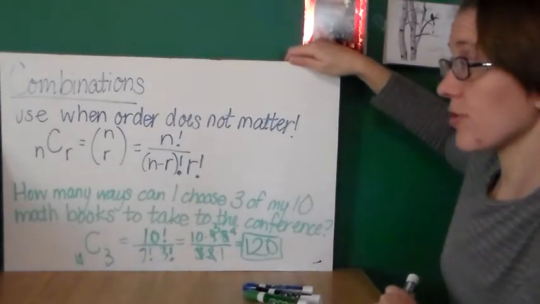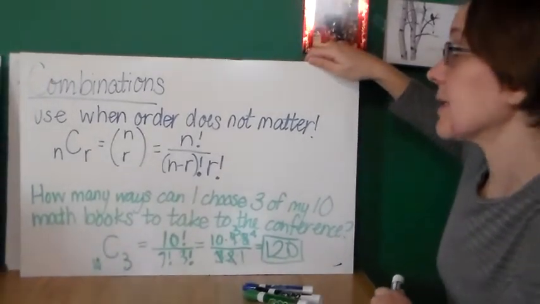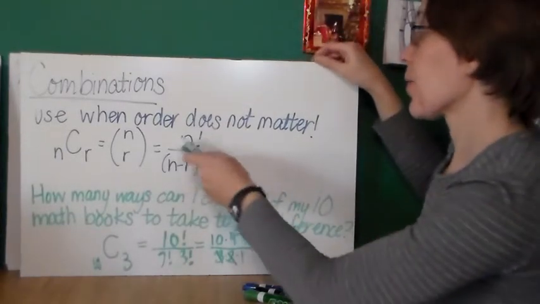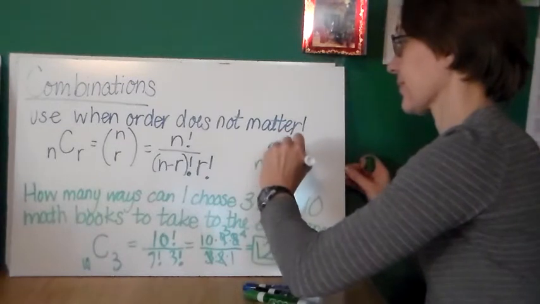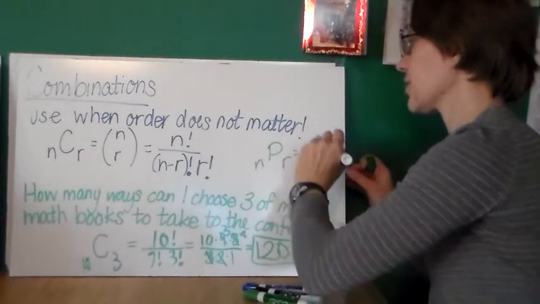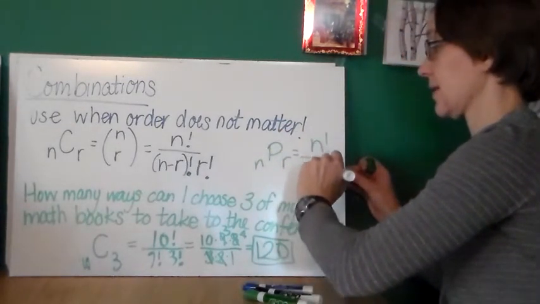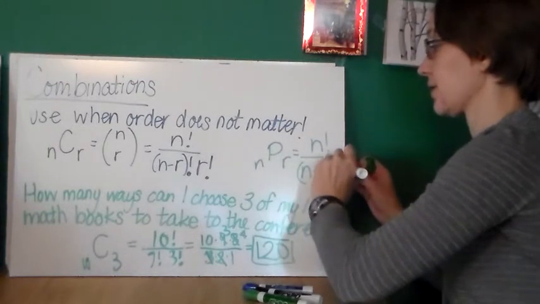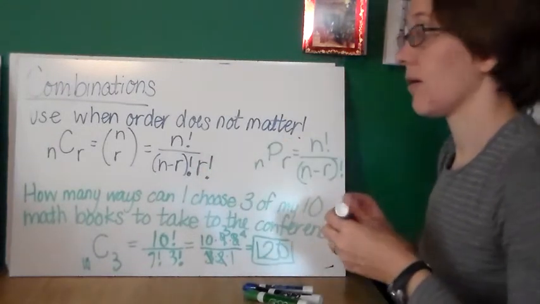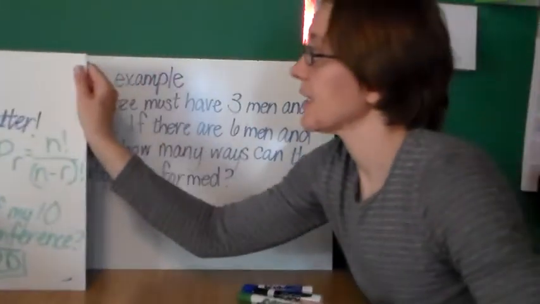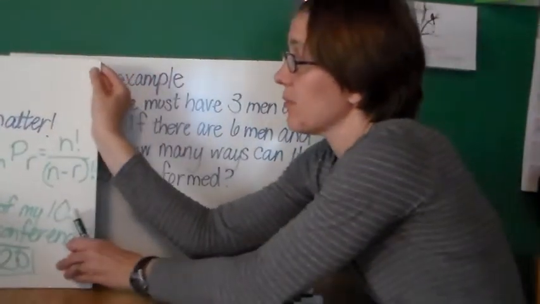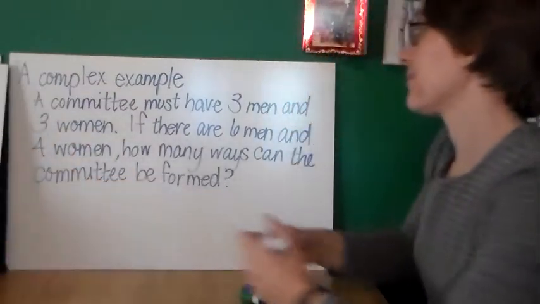You can see from the description that order does not matter, and so I use NCR, which is like NPR, but has that extra term in the denominator, that extra r factorial.